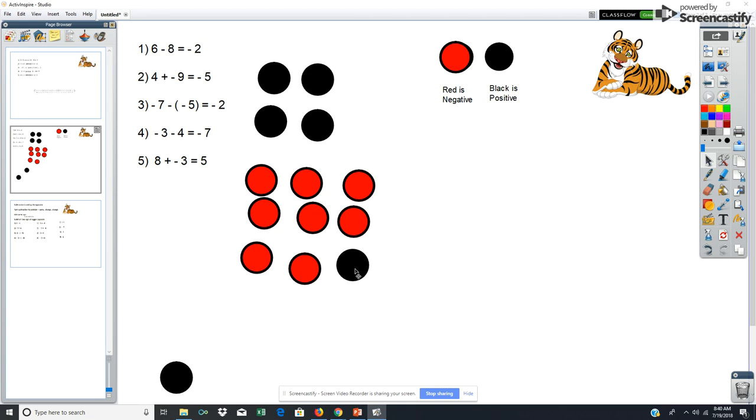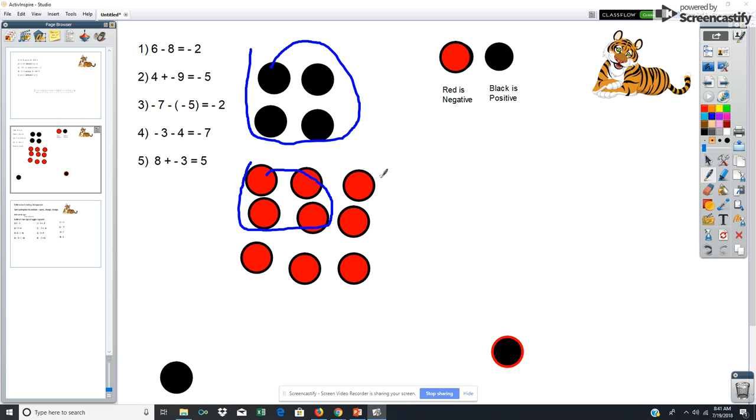I need one more red one, so I'm going to duplicate here. There we go. Okay, 4 black, 9 red. Instead of going one by one this time, I'm just going to look and see how the 4 black would cancel out 4 red. So I'm left with 1, 2, 3, 4, 5 red, or a negative 5.